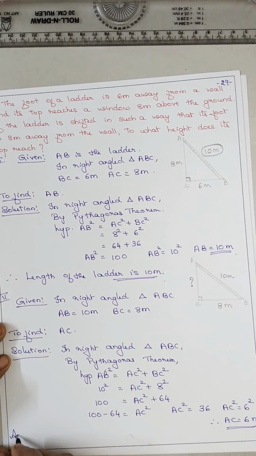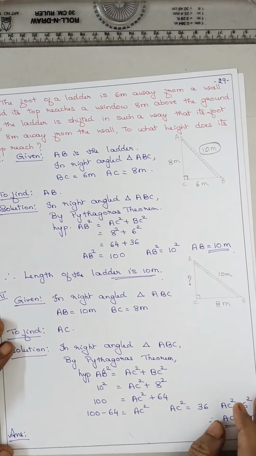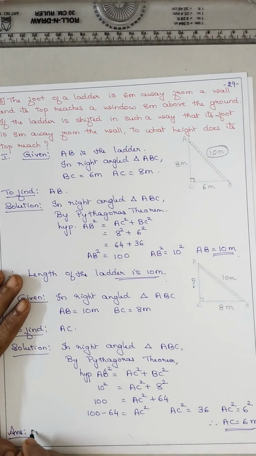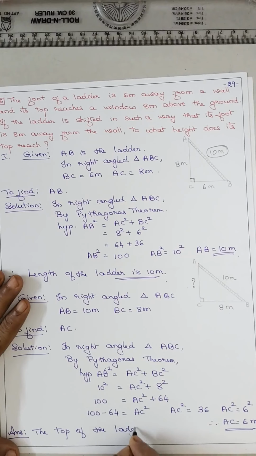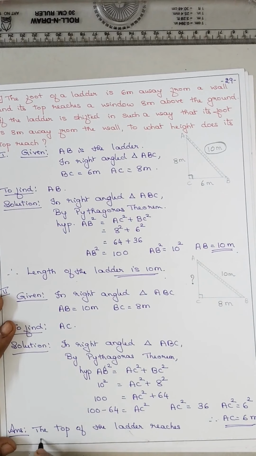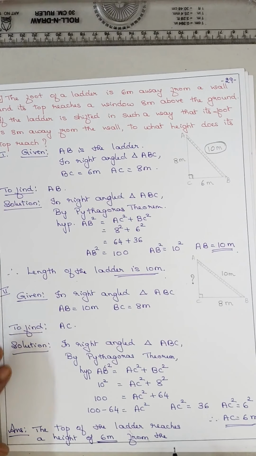So answer, the top of the ladder reaches a height of 6 meters from the ground.